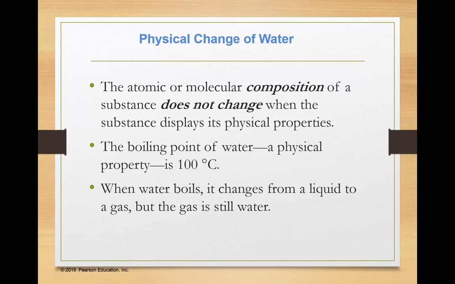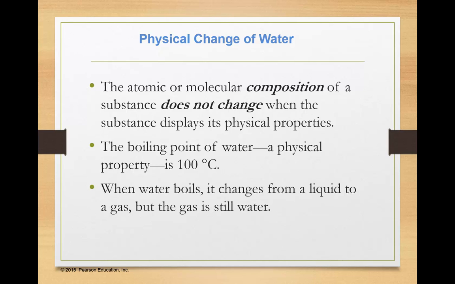So let's go through this idea again with our good old standby water. Water, you will find, is a very constant substance that we'll look at in chemistry a lot. That's just because water has some amazing properties that we'll see as we go throughout the semester. All right, so physical changes, physical properties.